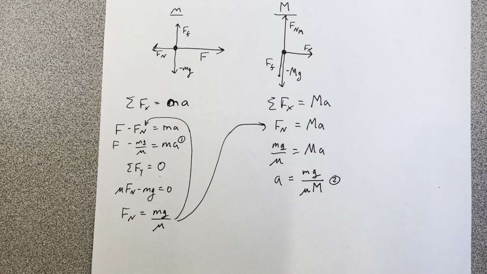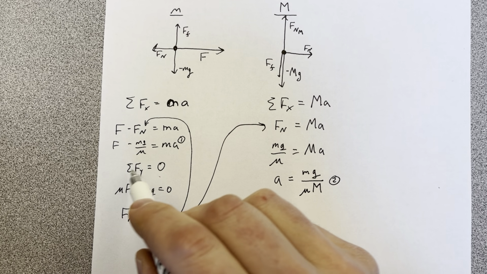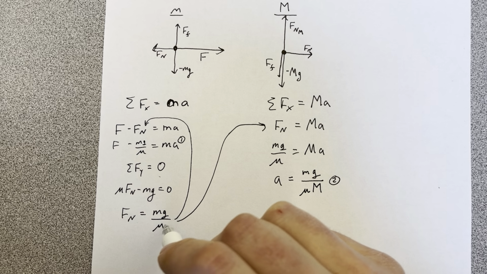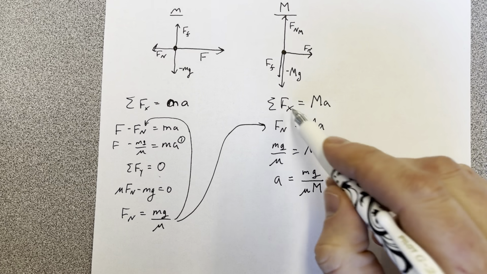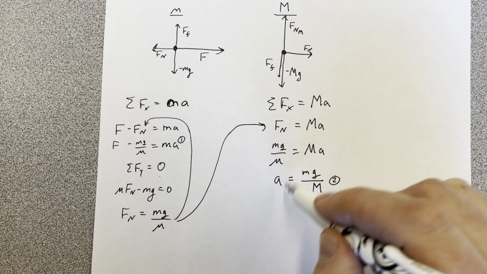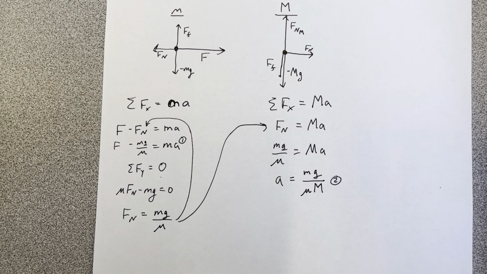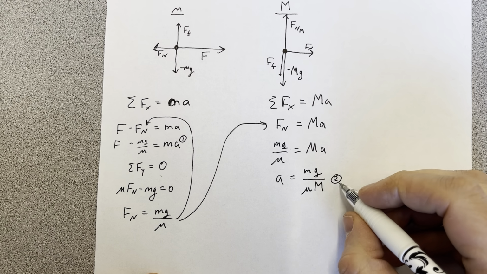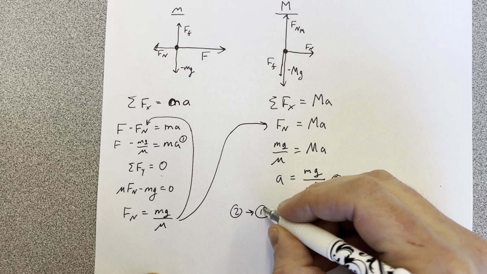All right, so I got this, then I went to the y direction, got this, put it back into here, and now I have this equation. I went over to this one, I got my acceleration here using this as well. This is really kind of a crazy one in terms of the algebra. So now we're going to plug 2 into 1.